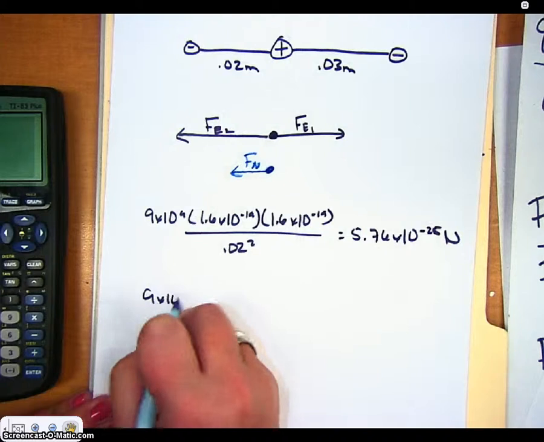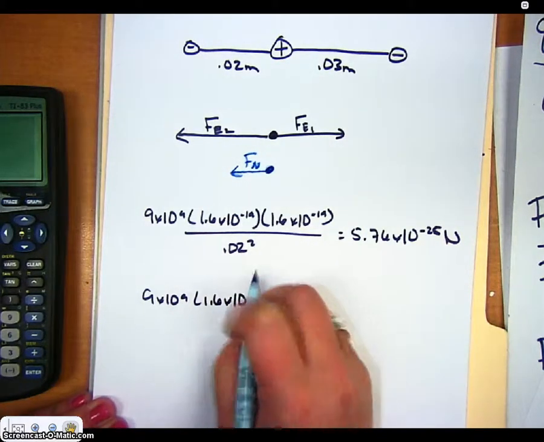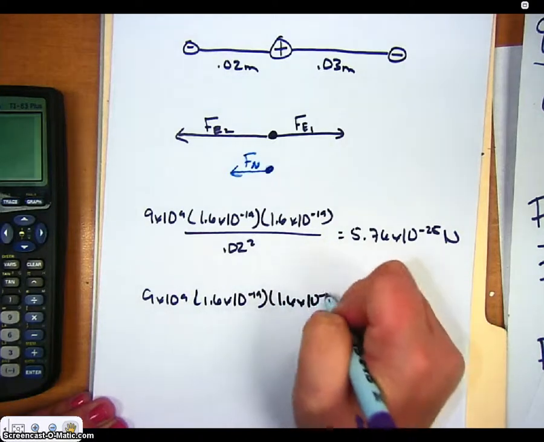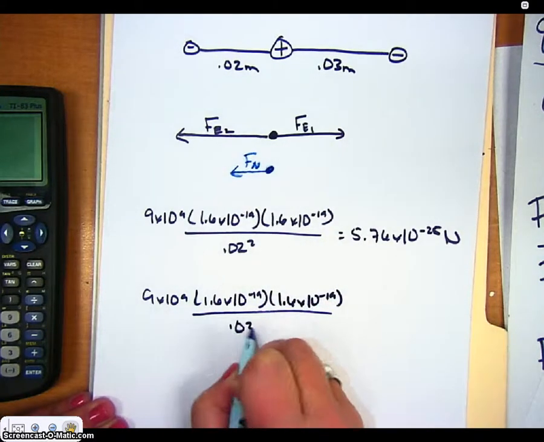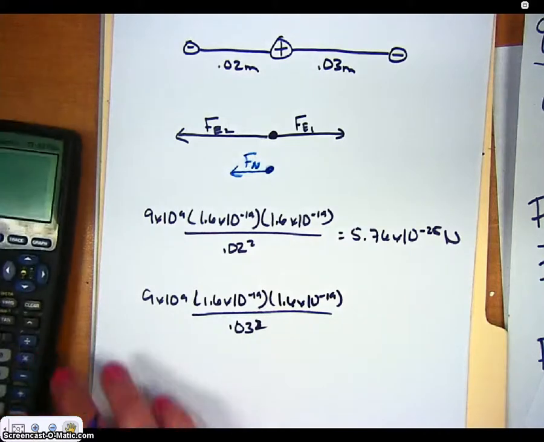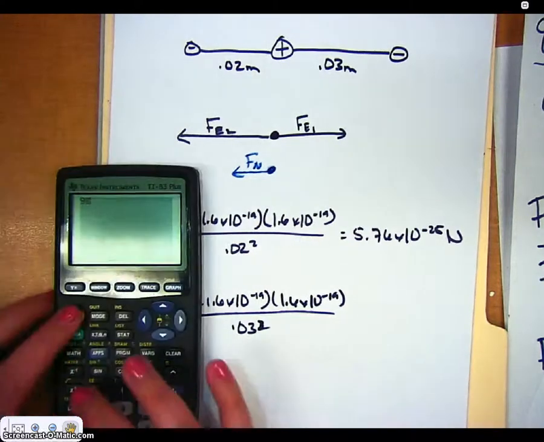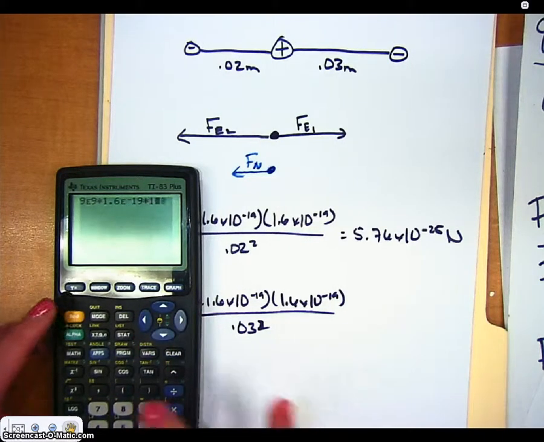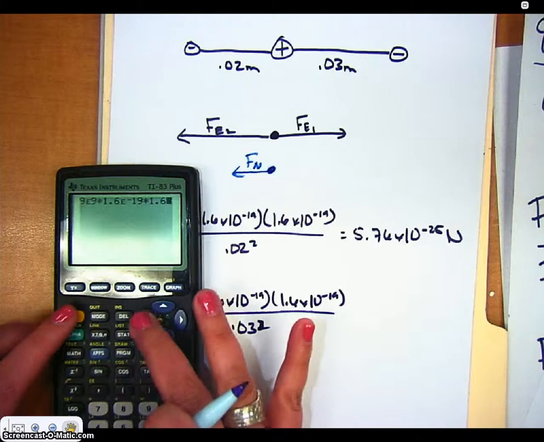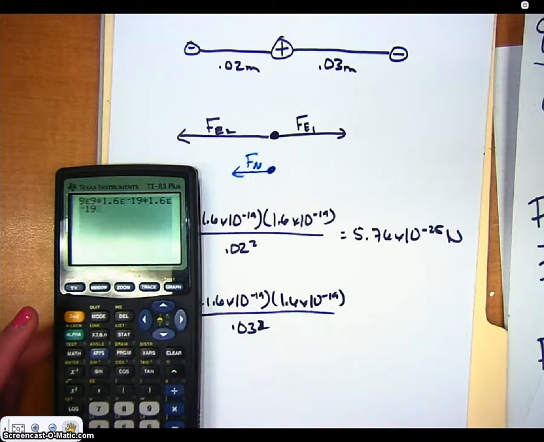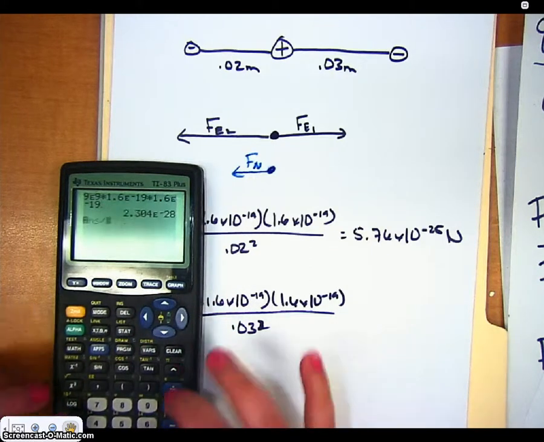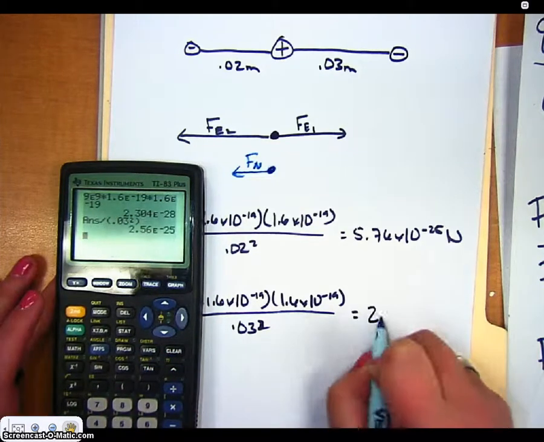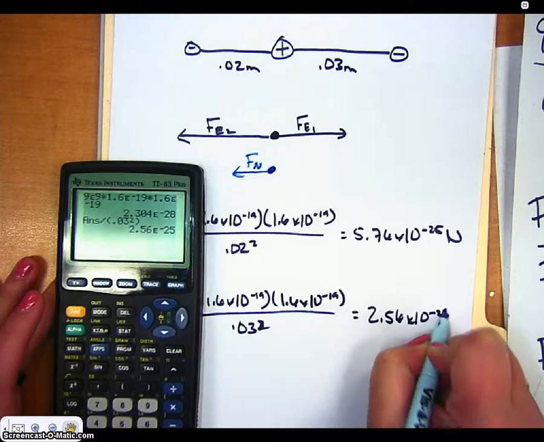So that's going to be the same up top, 1.6 times 10 to the negative 19th, all over this time 0.03 squared. So 9 to the 9th times 1.6 to the negative 19th, and then divide that by 0.03 squared. And I get, in this case, 2.56 times 10 to the negative 25th newtons.